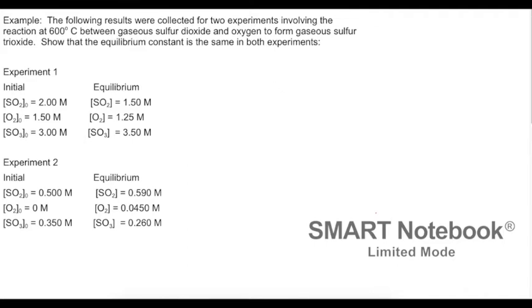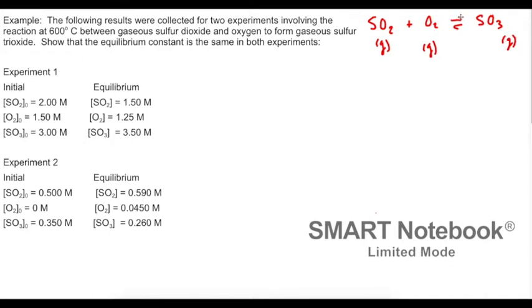Basically, we are looking at this chemical reaction between gaseous sulfur dioxide, that's SO2, it is a gas, and gaseous oxygen, that's diatomic O2, in a reversible reaction to form gaseous sulfur trioxide, SO3.